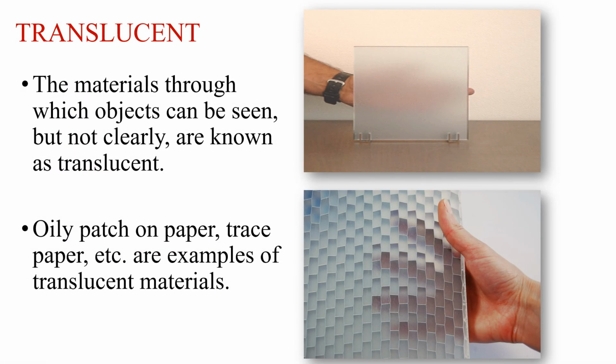Whereas the materials through which objects can be seen but not clearly are known as translucent materials. Oily patch on paper, trace paper, etc. are examples of translucent materials.